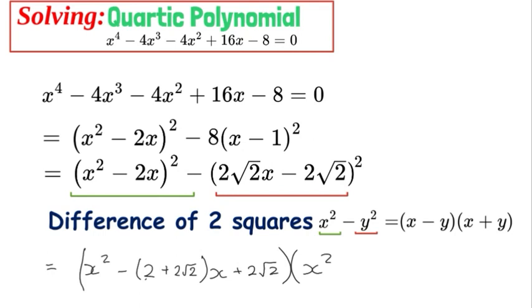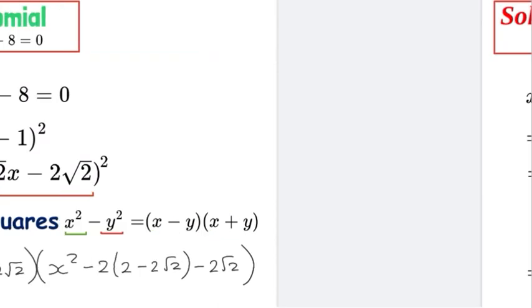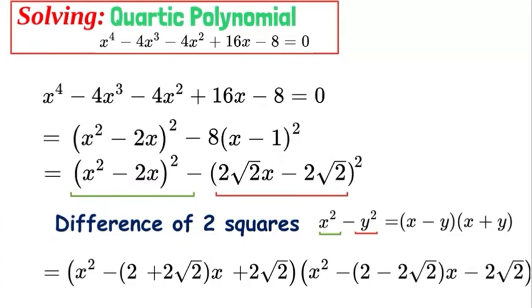So we get x squared. We're going to get a minus 2 here. And then we still have the 2. And we have minus 2 root 2. And again, minus 2 root 2. Okay, and that's our combinations.